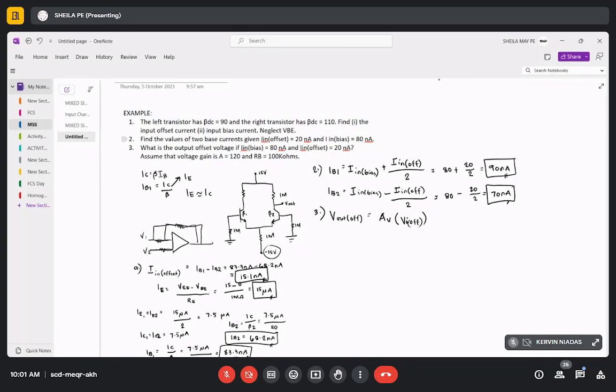But we need to find the input offset voltage first.